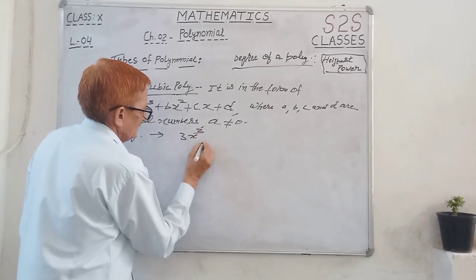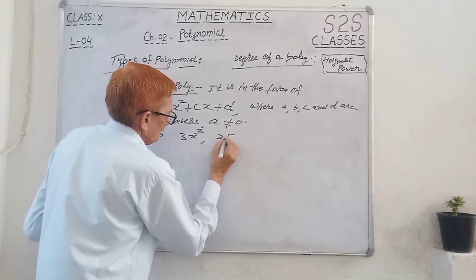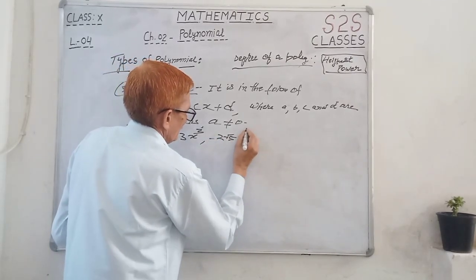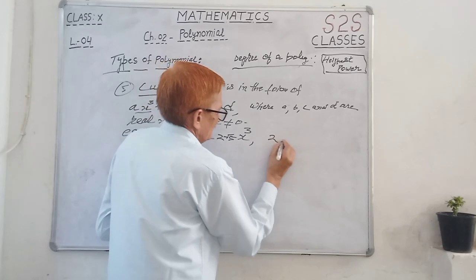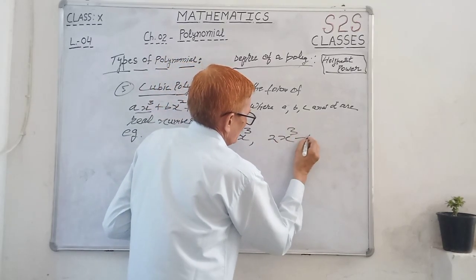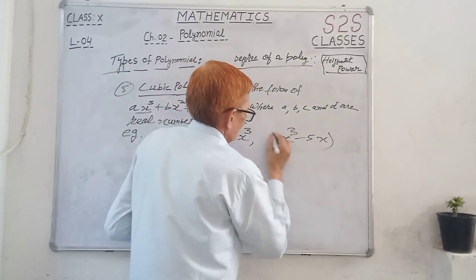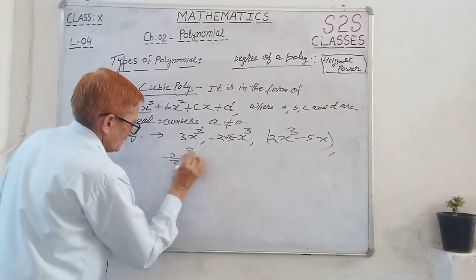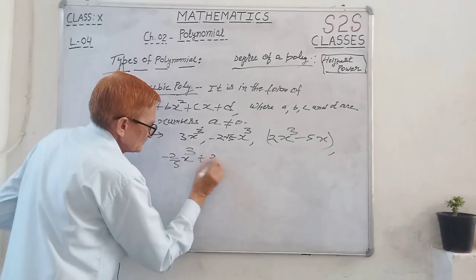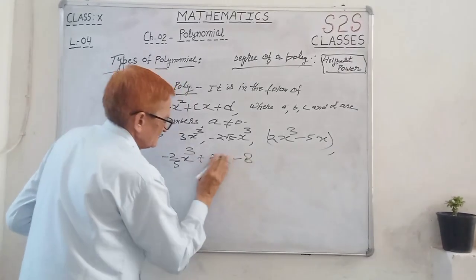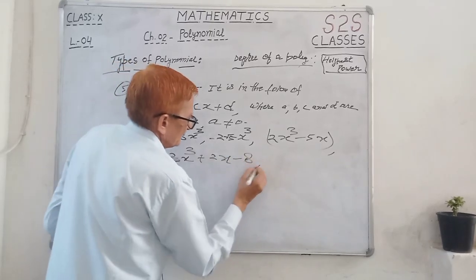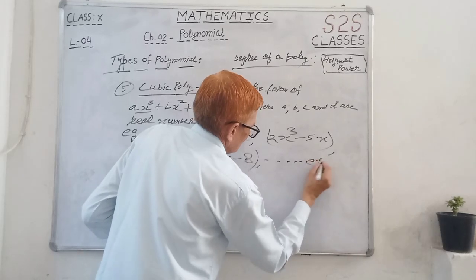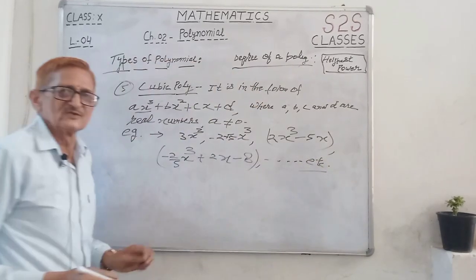3x power 3, 2 root 5, minus 2 root 5 x cube, 2x cube minus 5x, minus 2 upon 5 x cube plus 2x minus 8, and so on, etc. Many examples you can write.